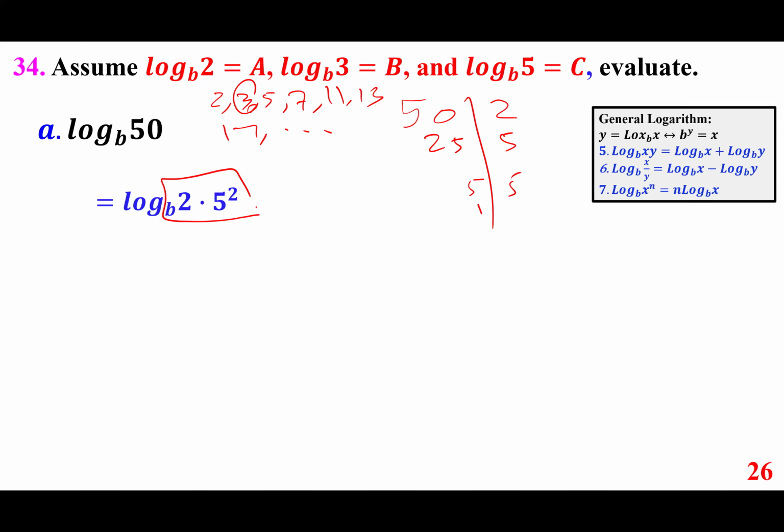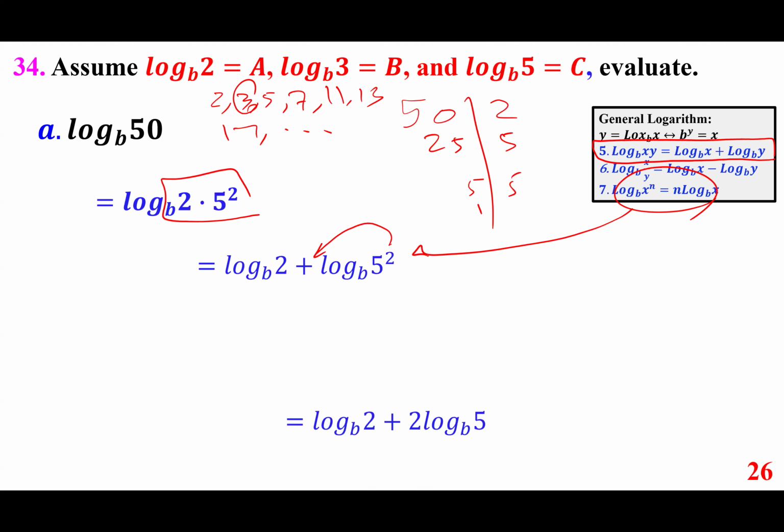And now you use this. You get log 2 plus log 5 squared, same base b. And then this one, the 2 sits in front. In other words, we are using the power rule on that.